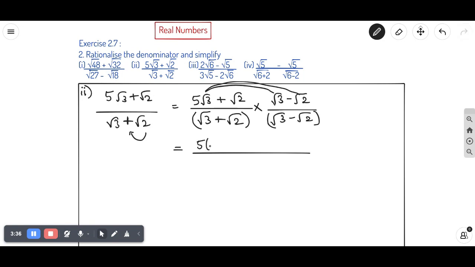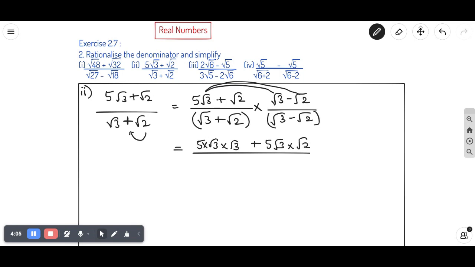What is root 3 into root 2? If you want, let me write that. 5 root 3 into root 2 plus, what is your next step? 5 root 3 into root 3. Multiplication means you can put the symbol, but since it was a plus there, you can't put the symbol. So to avoid confusions, 5 times root 3 into root 3, 5 root 3 into root 2.